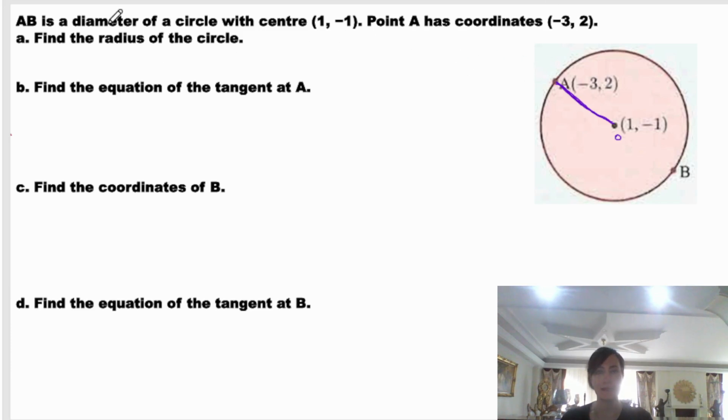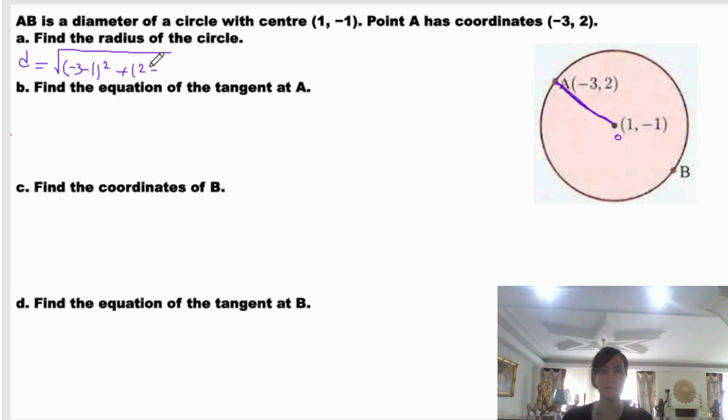The distance formula says, if I have 2 points, the square root of the difference of x to the power of 2, that means xA minus xO to the power of 2, so -3 minus 1 to the power of 2, plus the difference of y to the power of 2, that means 2 minus -1.